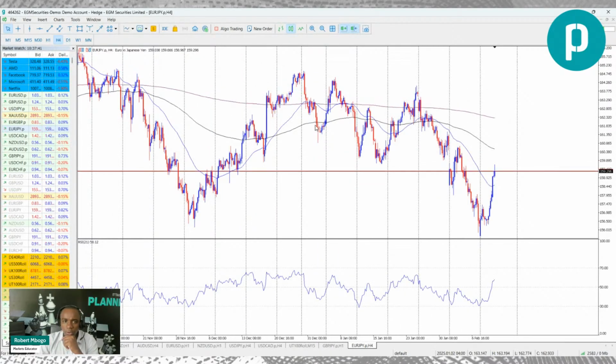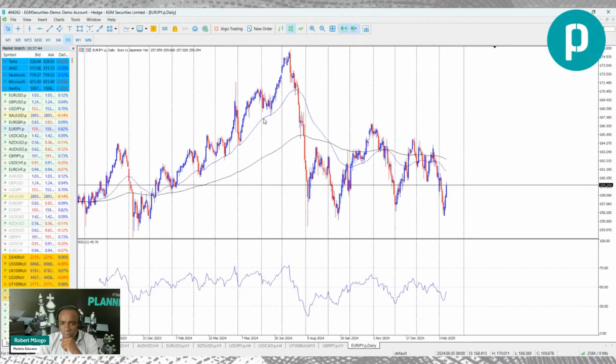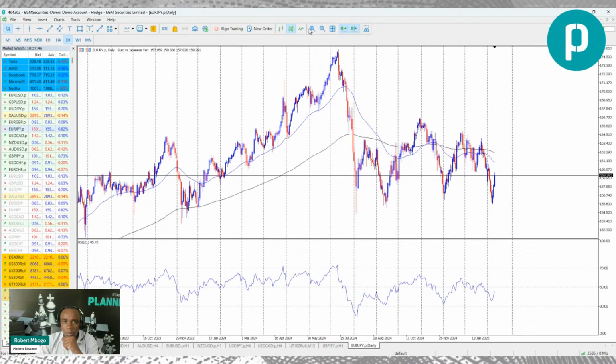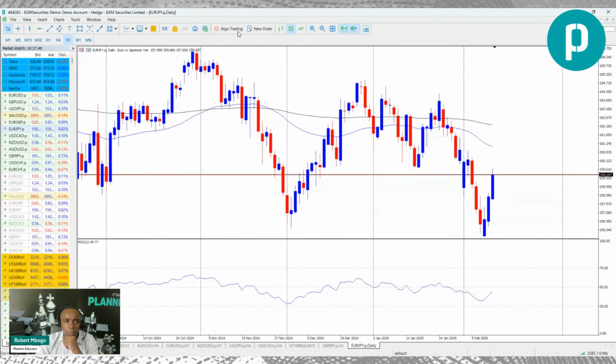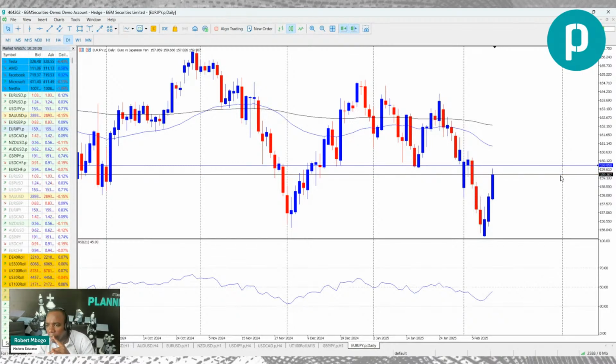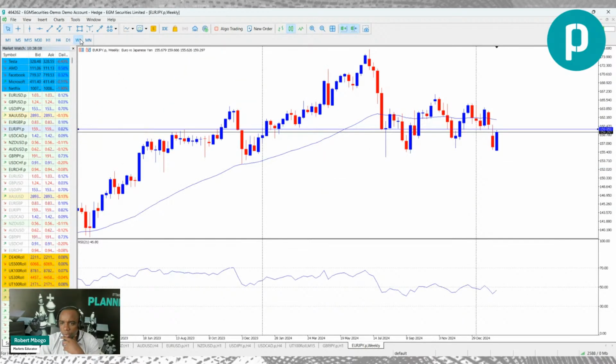So what are we looking at on EJ? 159.85 looks like a possible area where EJ will be going to. 160.60.